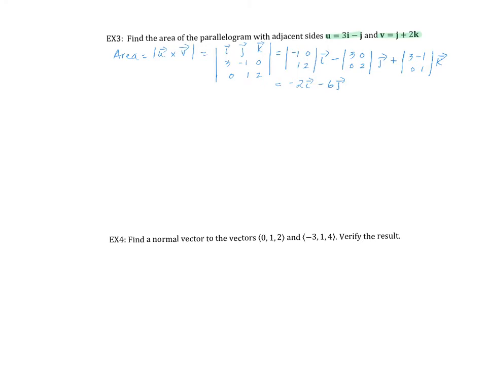And then the last one would be 3 minus 0, or 3. So it's a plus 3k.